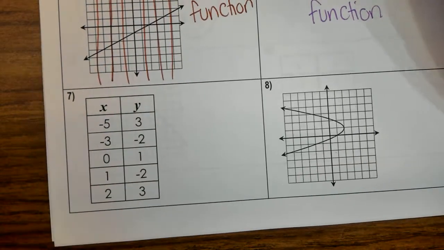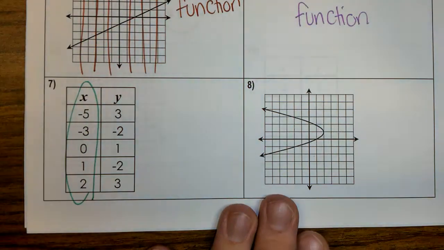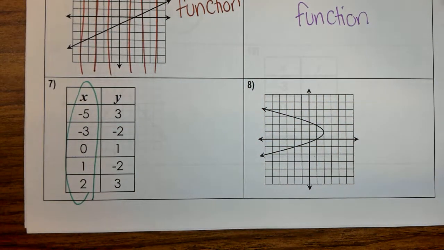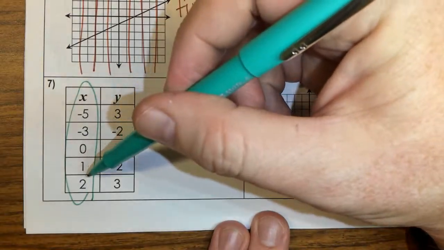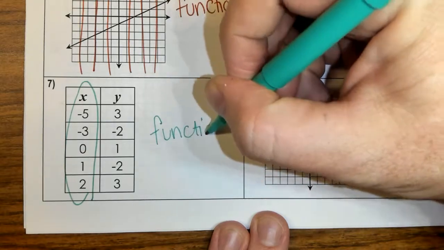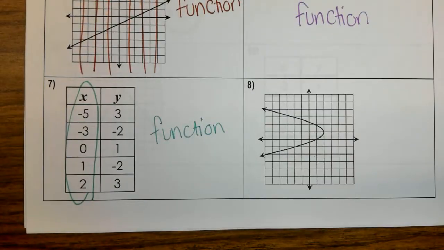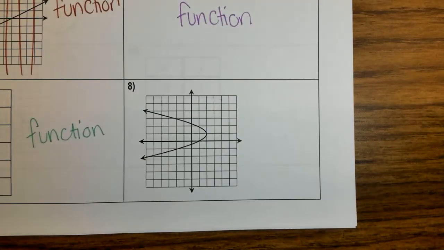So number 7, I have another table. Again, I only care about x, y doesn't matter. If I go through these, -5, -3, 0, 1, 2, they're all different, so nothing repeats, and therefore it is a function. And my last one on this page is a graph.